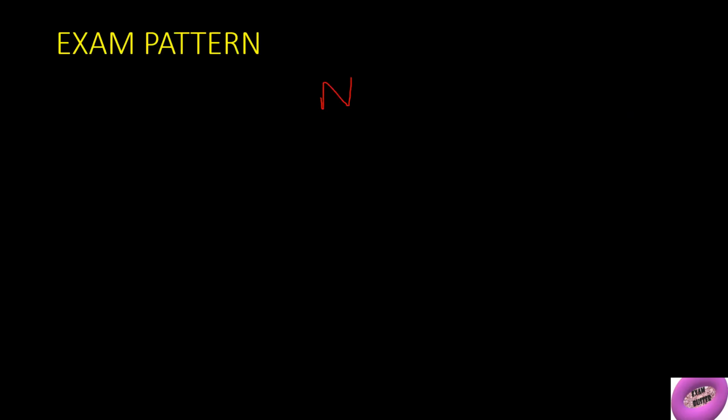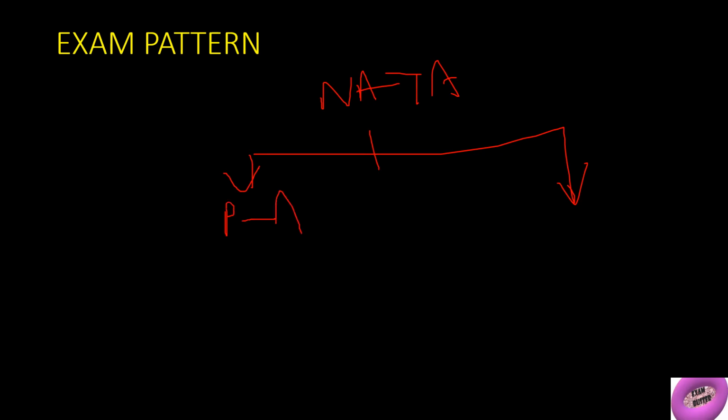In NATA, we have two sections: Part A and Part B. Part A is for 125 marks and Part B is for 75 marks.